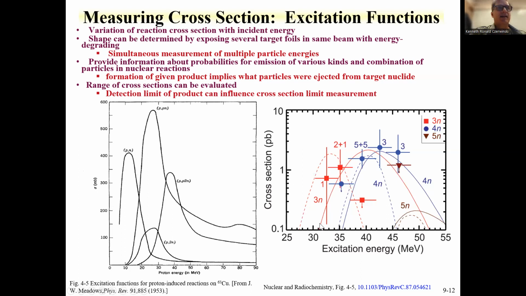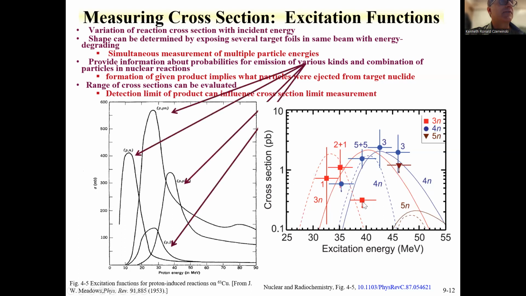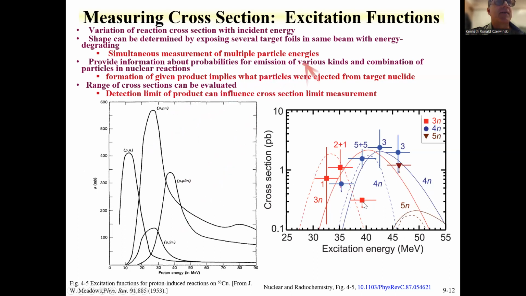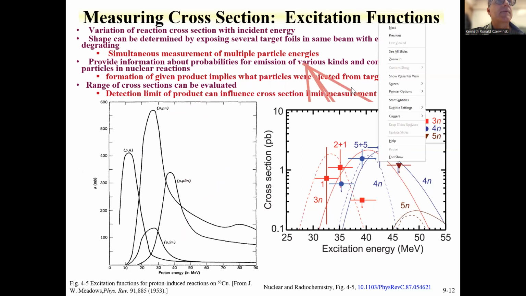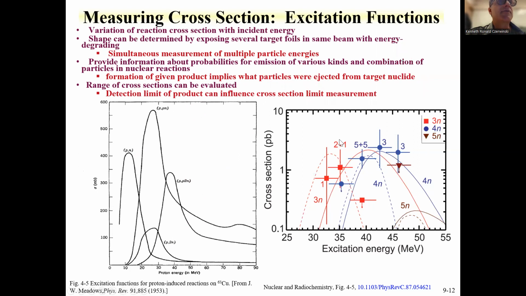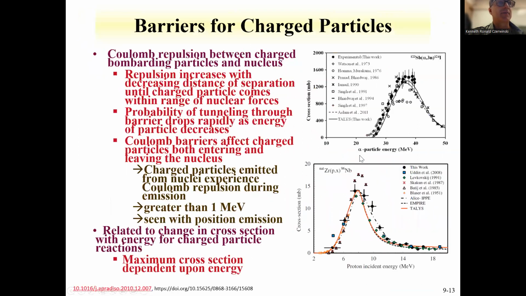And here's an example of an excitation function. Oh, I need to label this better, because this isn't necessarily, yeah, this is for making element 117, and these cross sections are in picobarns.